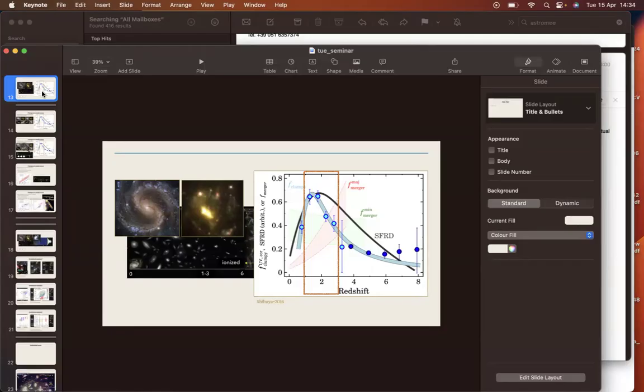Very quick question: do they account for the reionization? I'm sorry, I missed the first part of your talk. Is the UV budget of these galaxies enough to account for the reionization, or are they not representative?